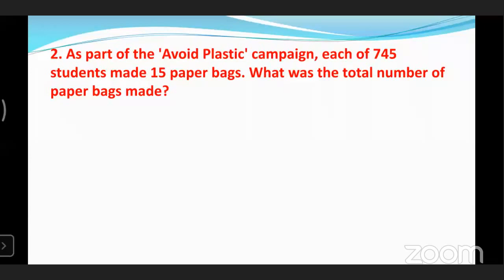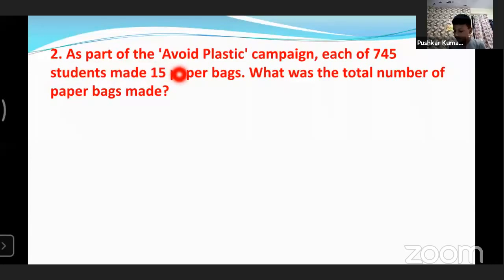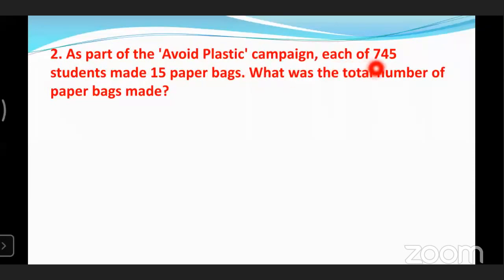Now I'm reading this sum for all of you. As part of the Avoid Plastic campaign, each of 745 students made 15 paper bags. What was the total number of paper bags made? Once again, listen carefully.